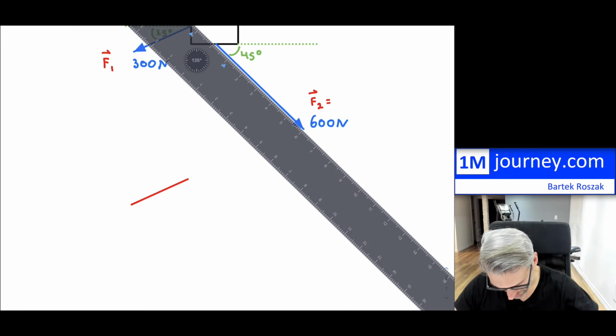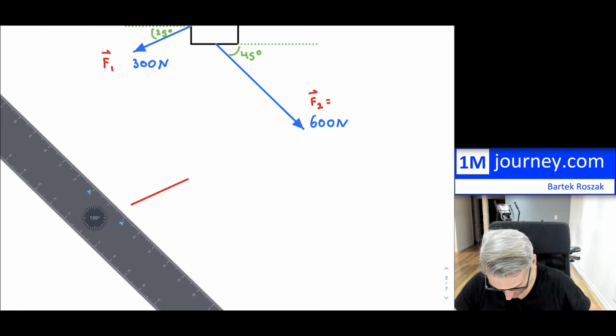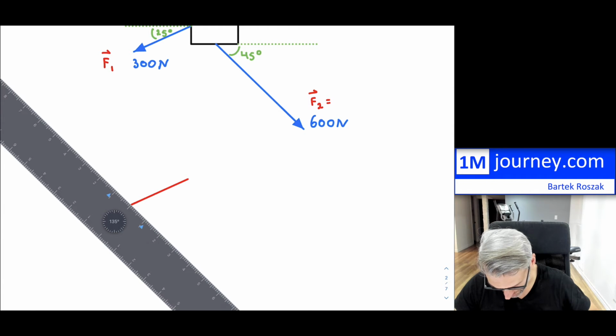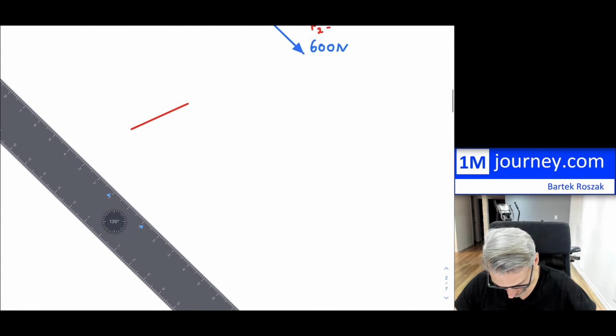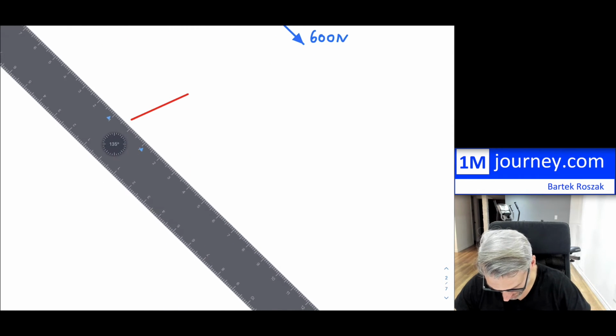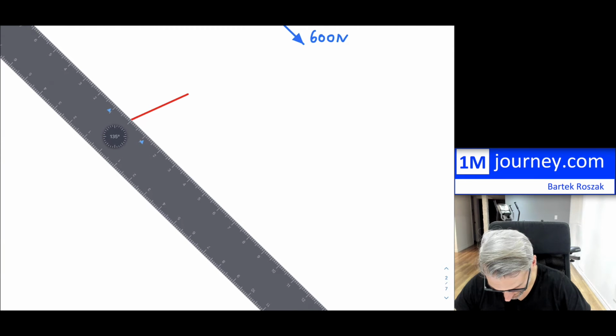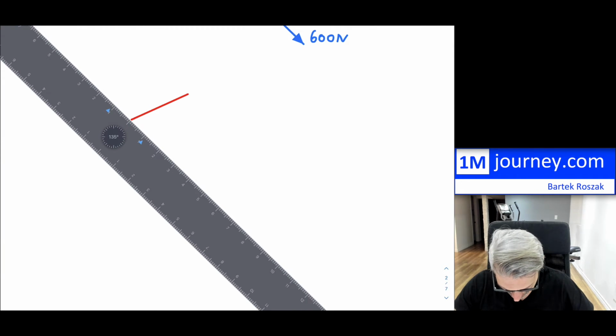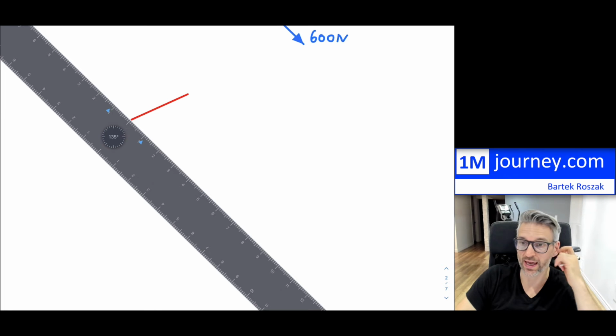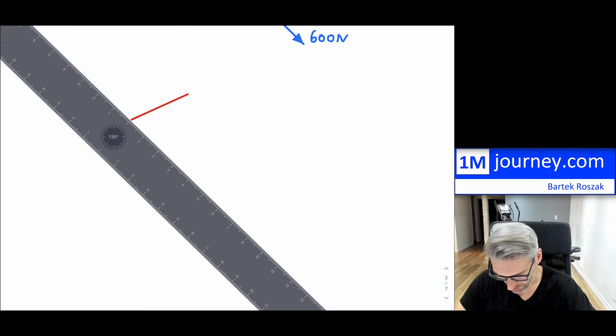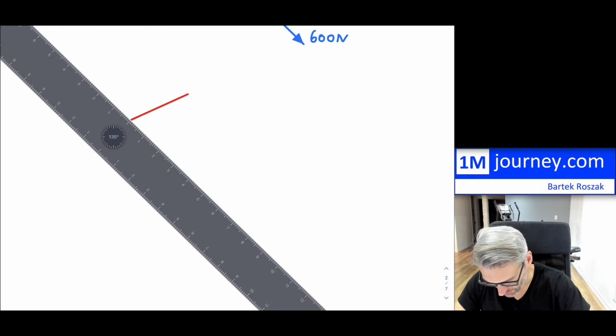So that's fine. Now I'm going to have to start from the other. That's going to be right there. Let me attach it. Notice the angle there, it says 135 on the protractor. So that's what you're seeing right there.